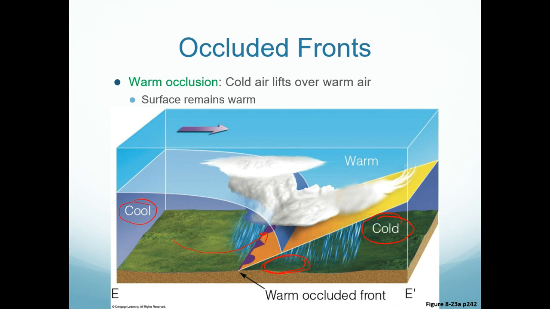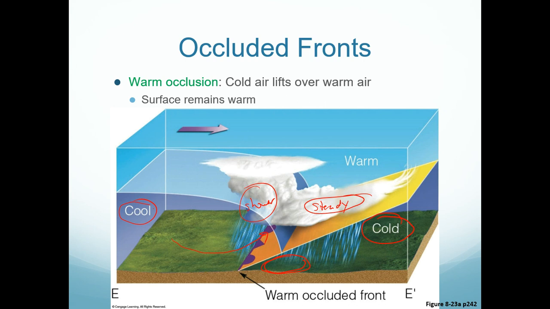So in this case, the cold front rides up on top of the warm front. Very similar situation. You're going to have lots of showers here with a lot of your steady precipitation over here. Same situation as before, but the temperature actually warms up a little bit. It'll still be nice and cool, but it'll be a little bit warmer than it was before.